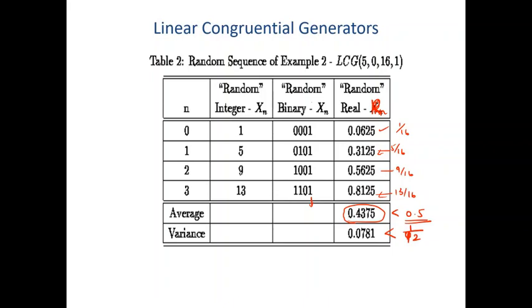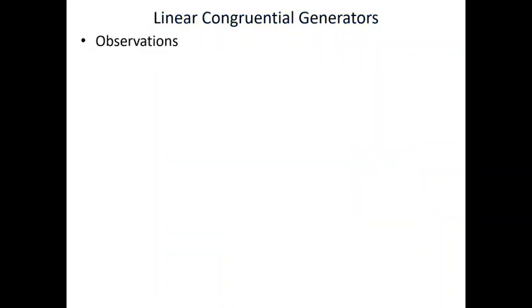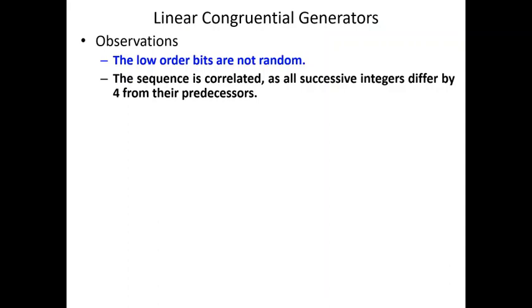In the LSB bit position, it's always ones. In the position next to that, it's always zeros. Next to that, it's alternate zeros and ones. And next to that, it's 2 zeros, 2 ones. So that goes on repeating. There is no randomness possible here. So lower order bits are not random.